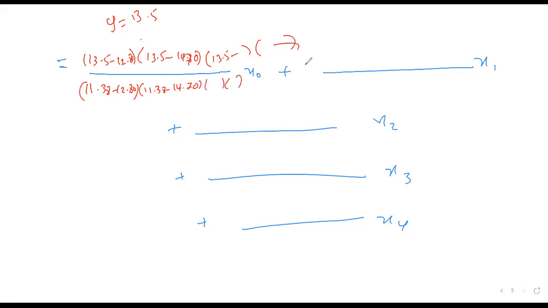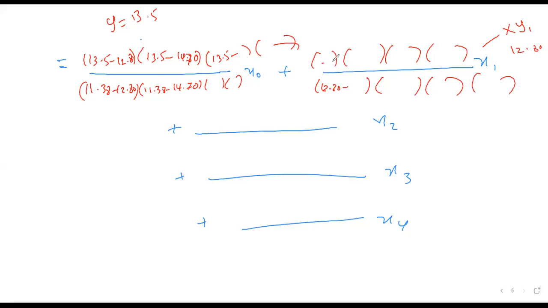Similarly here you have to find our x1, so without y1. What is our y1? y1 is 12.80. So you have to use here 12.80 minus what is here? This is taking a little bit longer, but anyhow you have to do it.